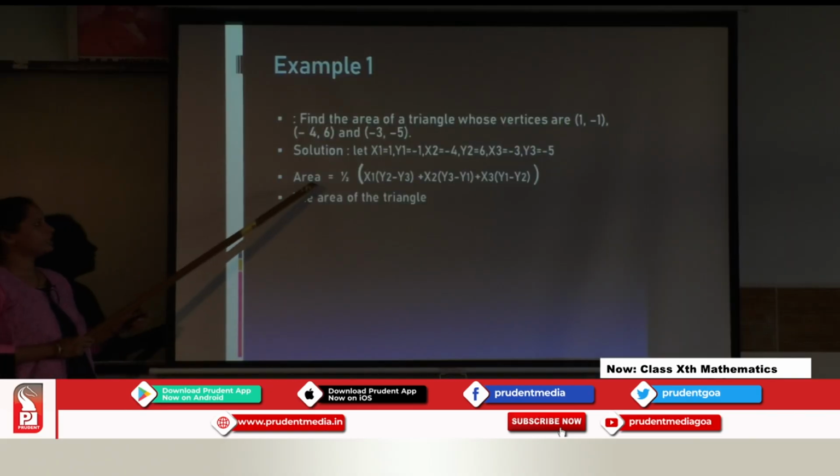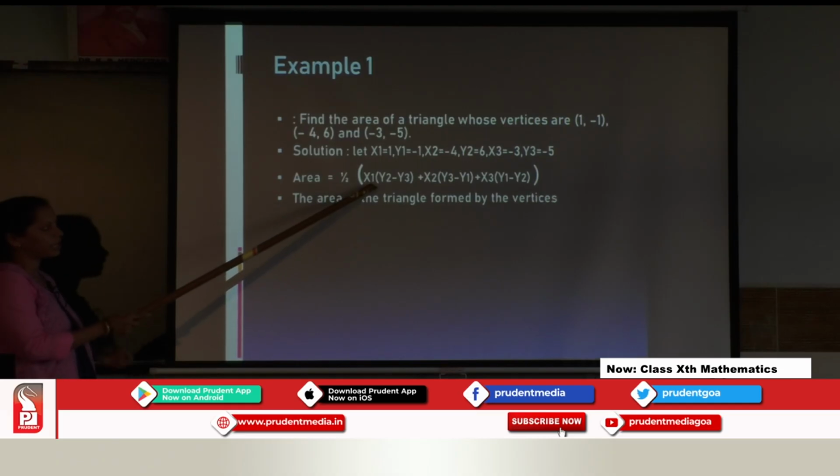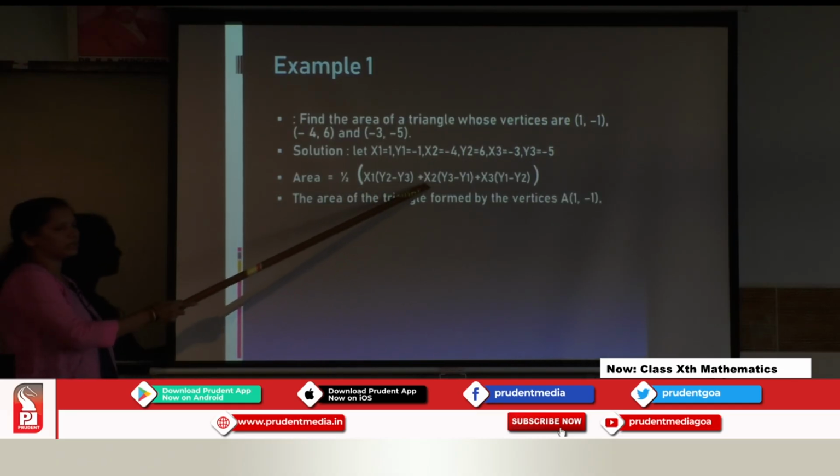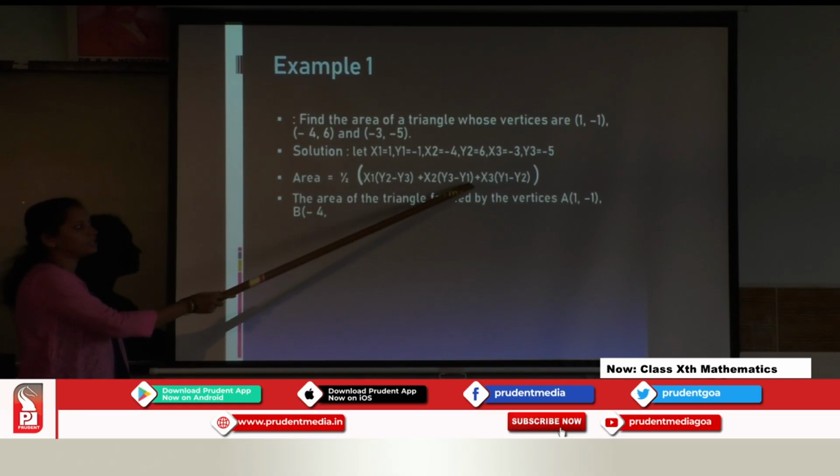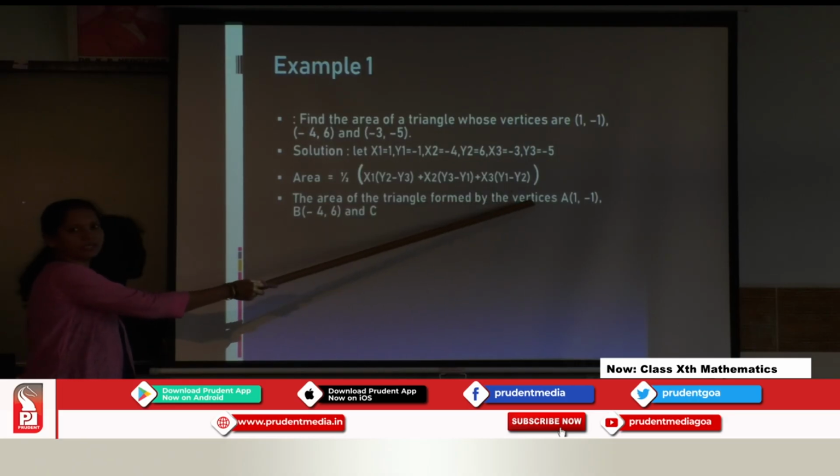So area of the triangle is equal to half into x1 (y2 minus y3) plus x2 (y3 minus y1) plus x3 (y1 minus y2).